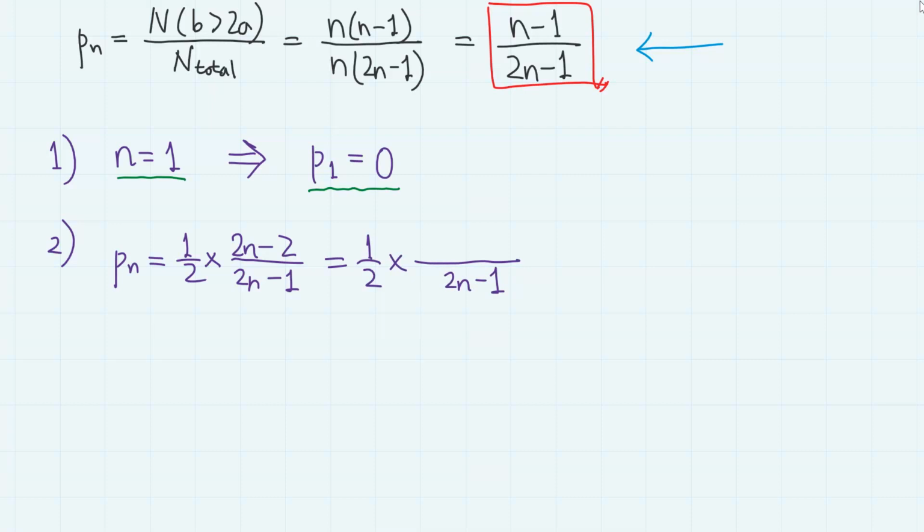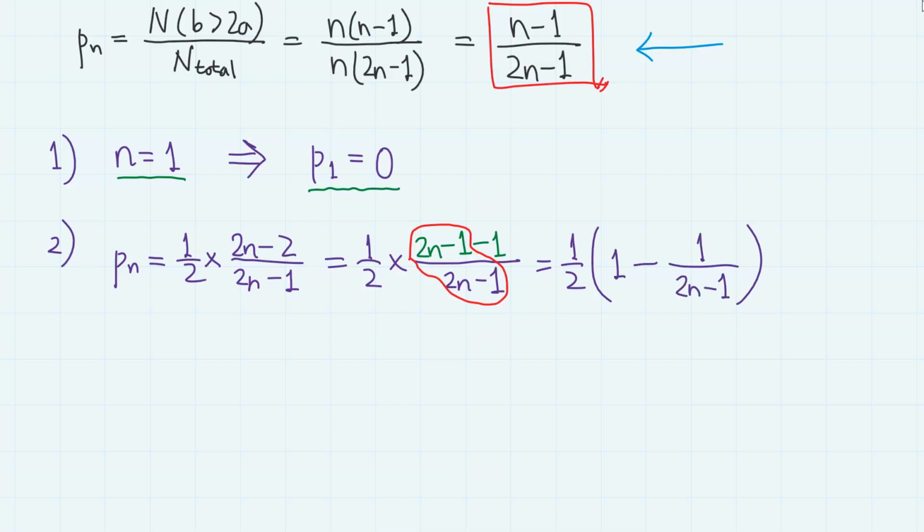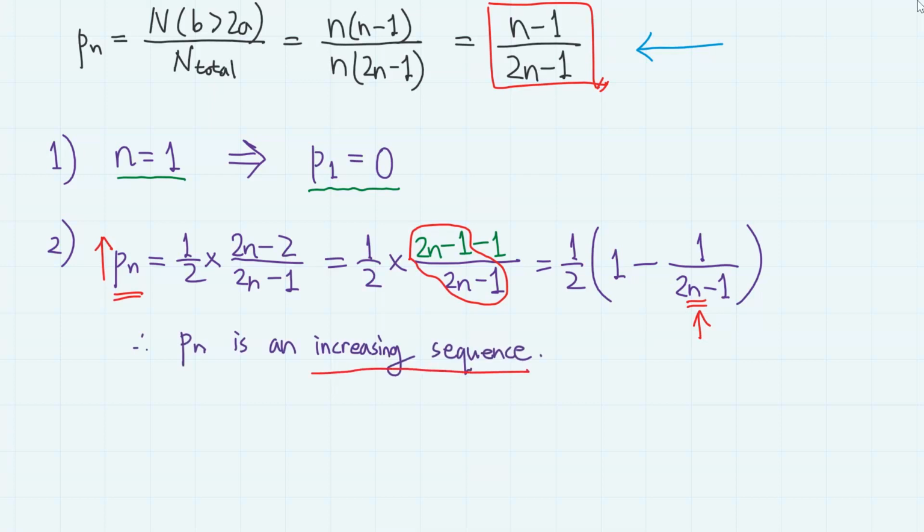And here let's write the numerator as 2n minus 1 minus 1. So we have 1/2 times this part gives 1, so we have 1/2 times (1 minus 1 over 2n minus 1). This means that as n increases, Pn also increases. That is, Pn is an increasing sequence.